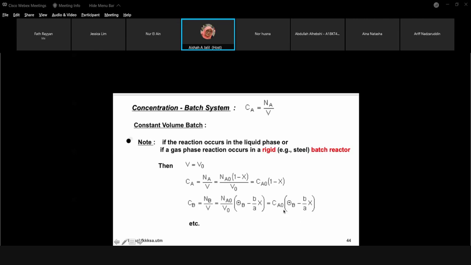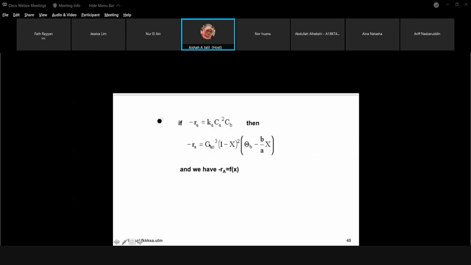CB equal CA naught theta B minus B per A X. So you can get it like this. This power of 2, CA, we have power of 3, okay? This is power of 2 for this one.